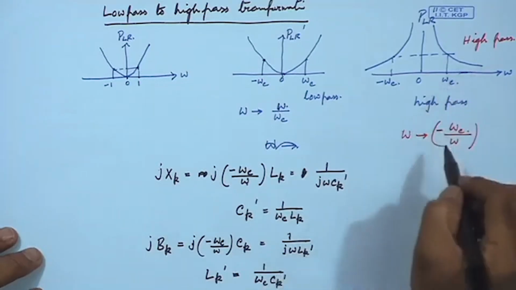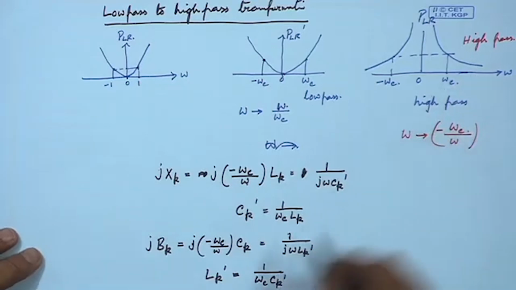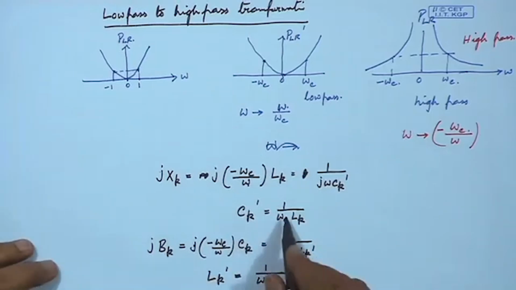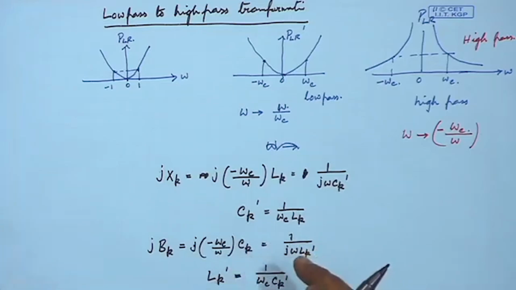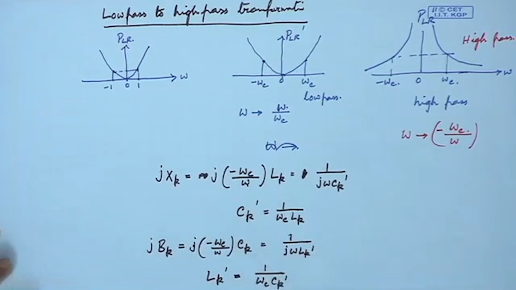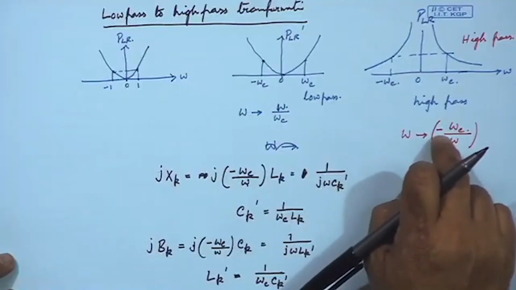You can easily check that if I had not taken this minus, then Lk dashed and Ck dashed won't be positive, and that will create a problem, because the component values always need to be positive. The corresponding reactances may become negative, but to make the component values realizable, we need to add this minus sign.